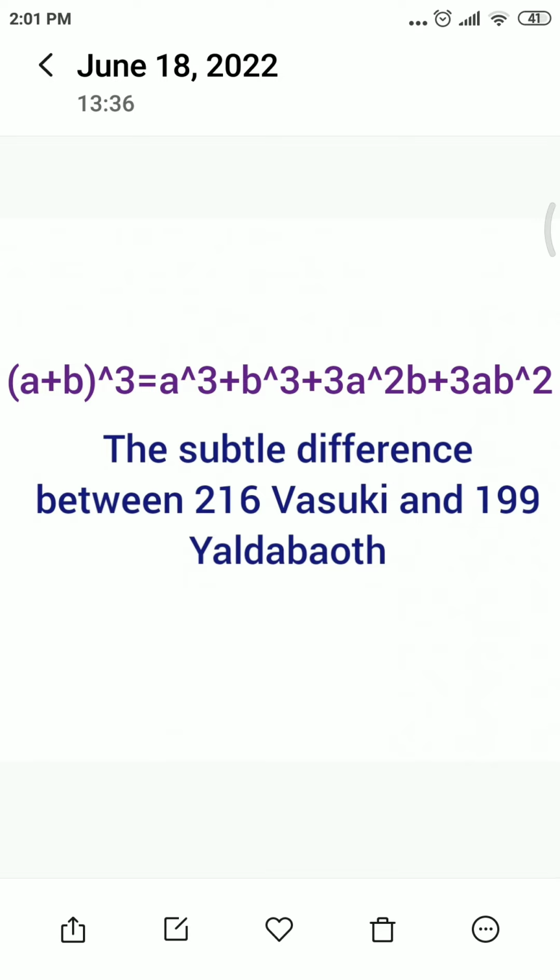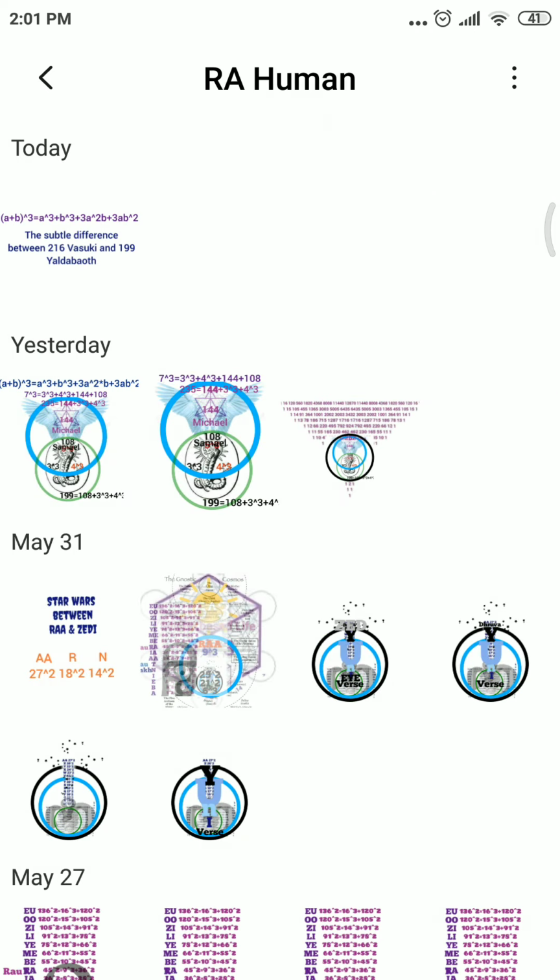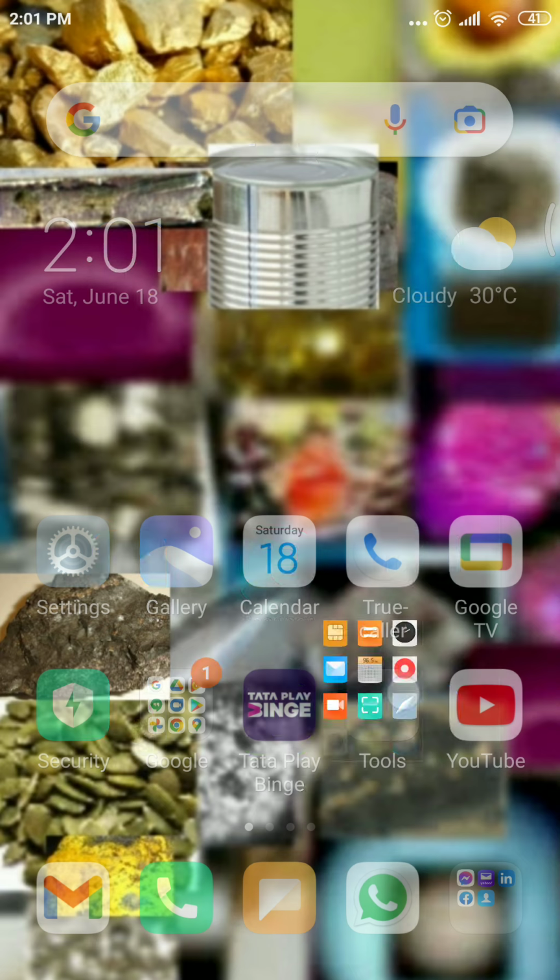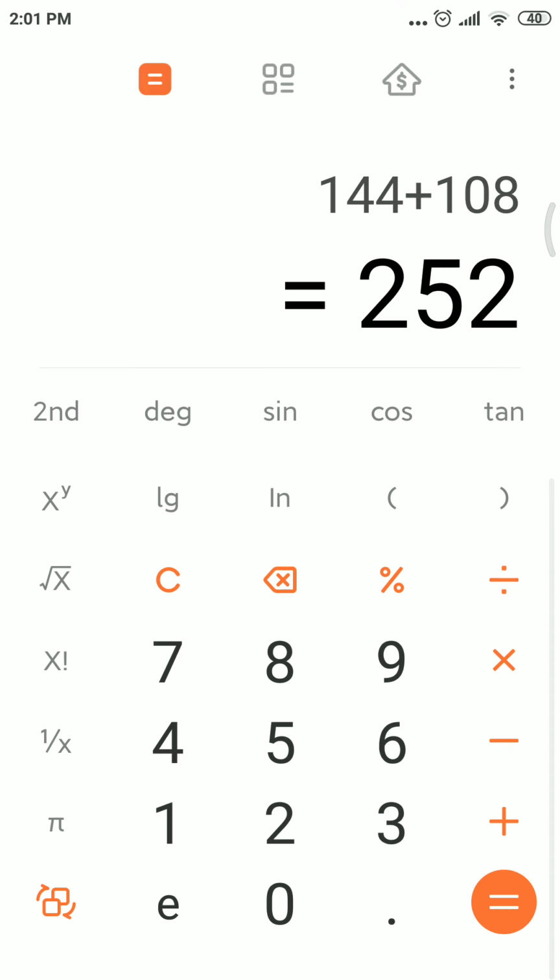256 is nothing but 4 raised to 4, and another 256. I'll show you how it works out using calculator. Let us see here.